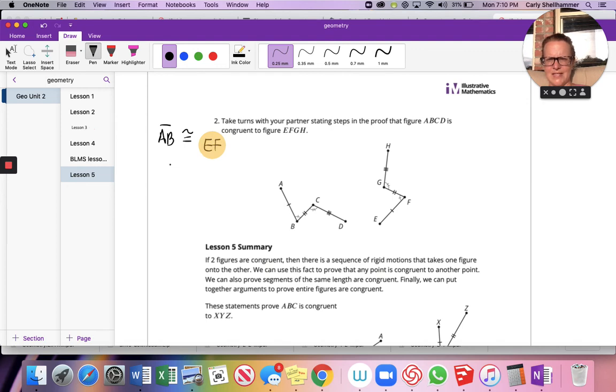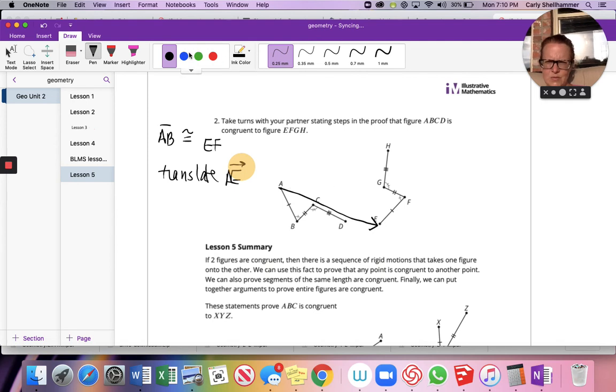And I'm going to translate one figure to another by directed line segment AE. Okay, that means that my new figure is going to look a little bit like this. A prime, B prime, C prime, D prime.